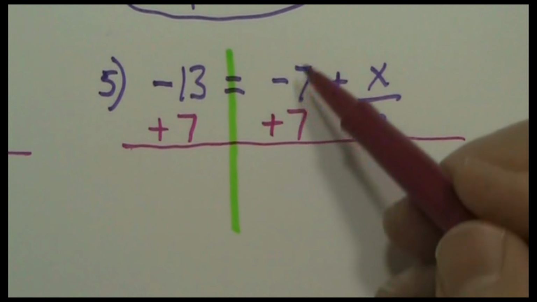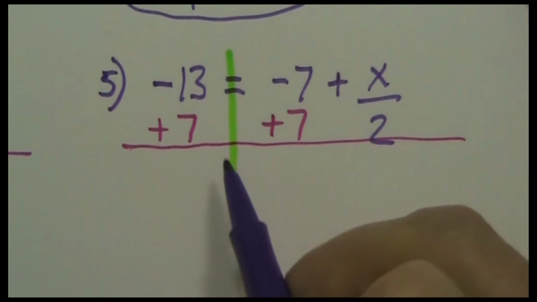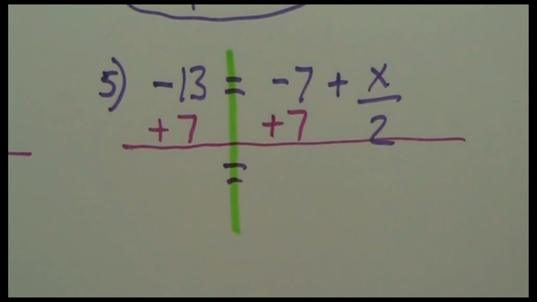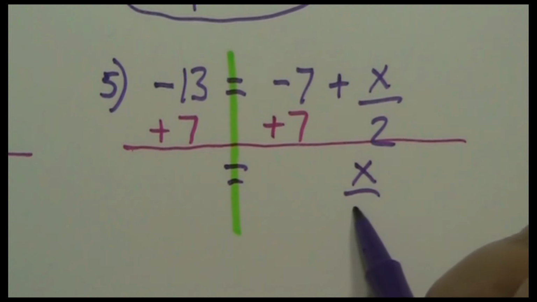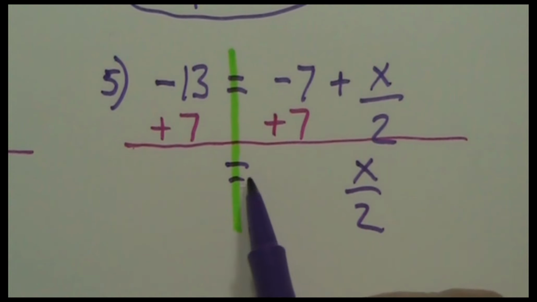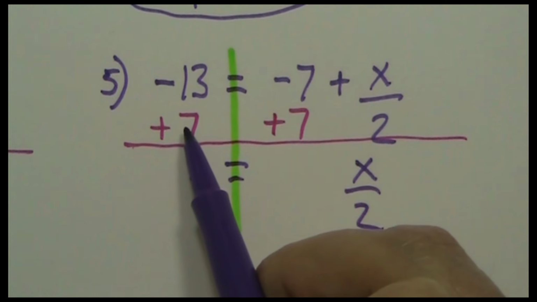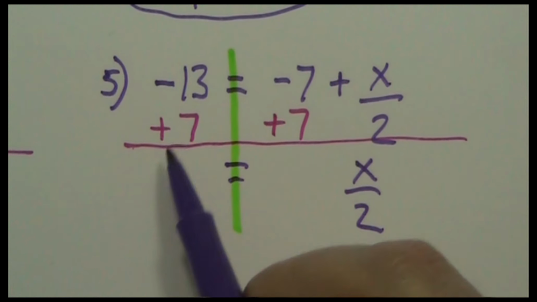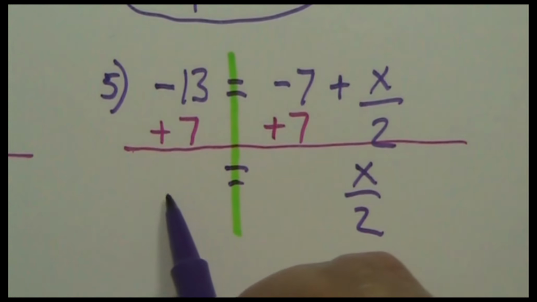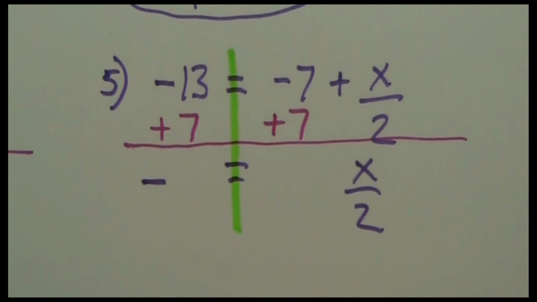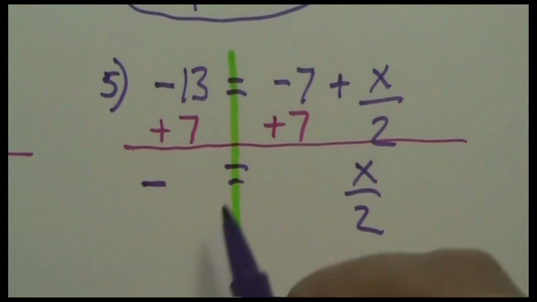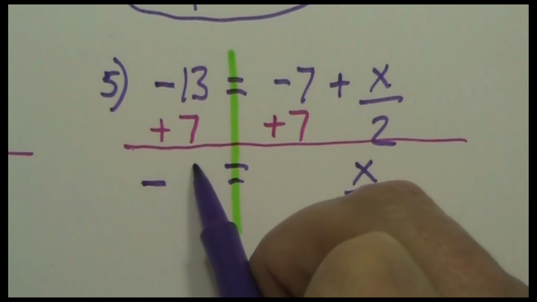Okay, so this will be 0. Right, that's 0, and you're just left with x over 2. On the left side, 7 and -13. Well, there's more negatives. How many more negatives are there than positives? 13 take away 7 is 6.